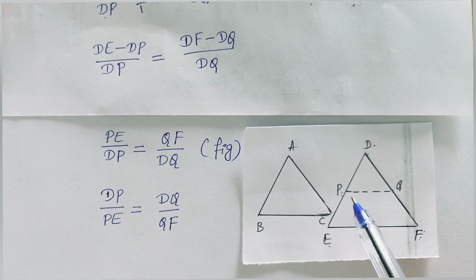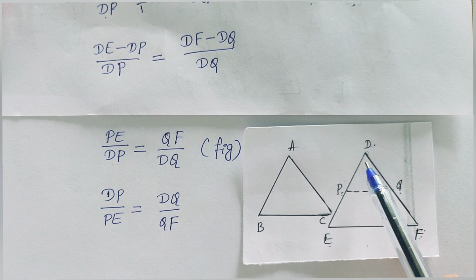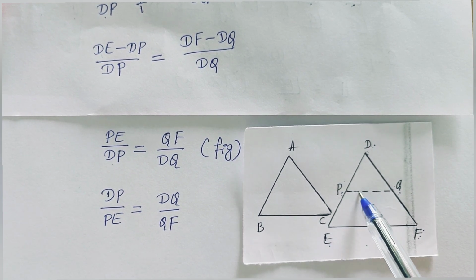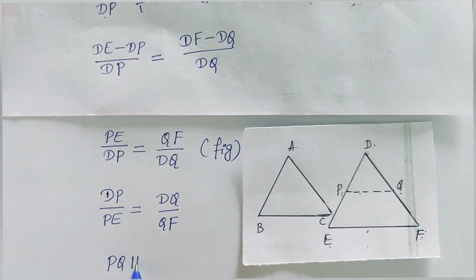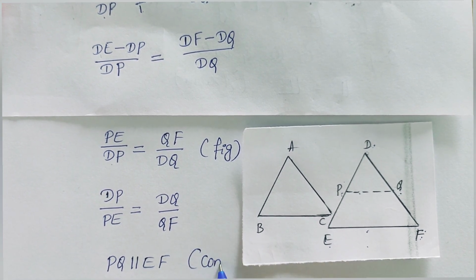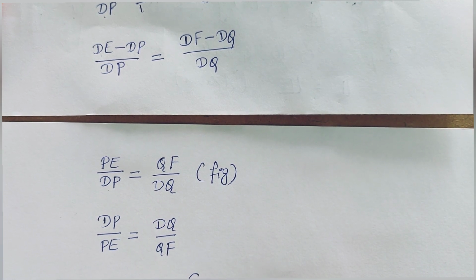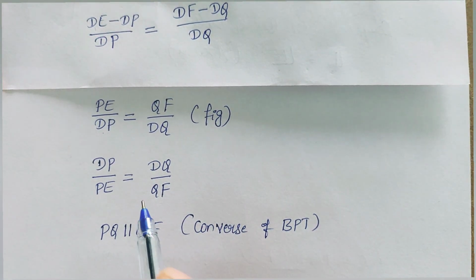Which means P and Q are dividing the sides DE and DF of the triangle in the same ratio, which means this line PQ is parallel to EF. So I can write PQ is parallel to EF. This is from the converse of BPT.